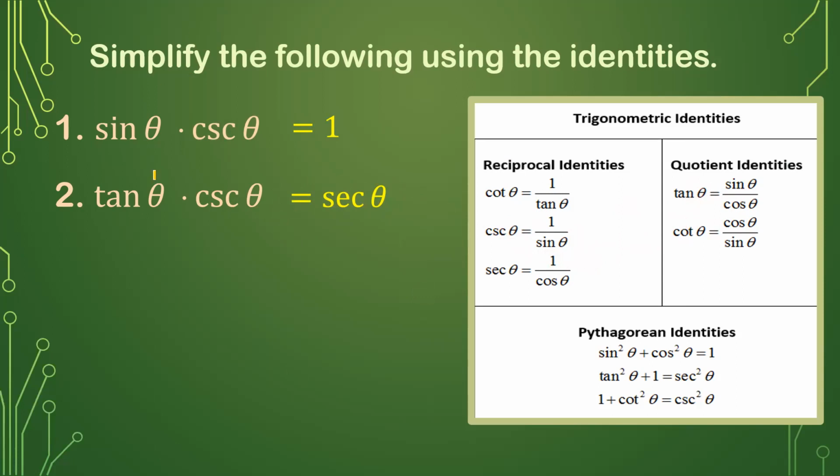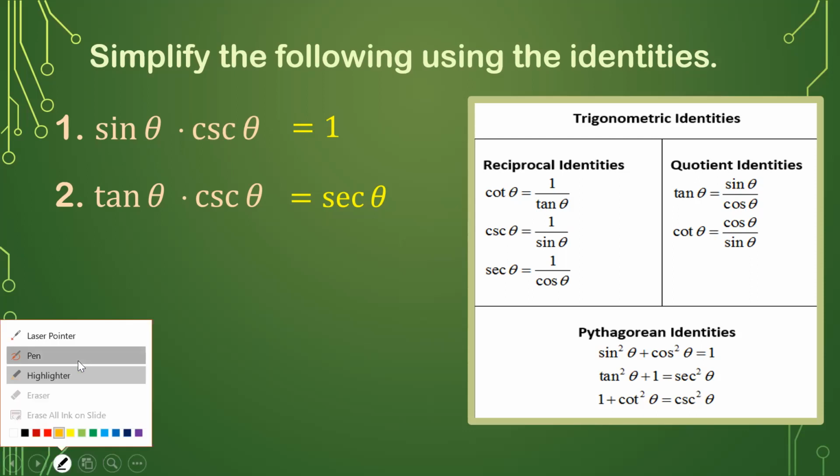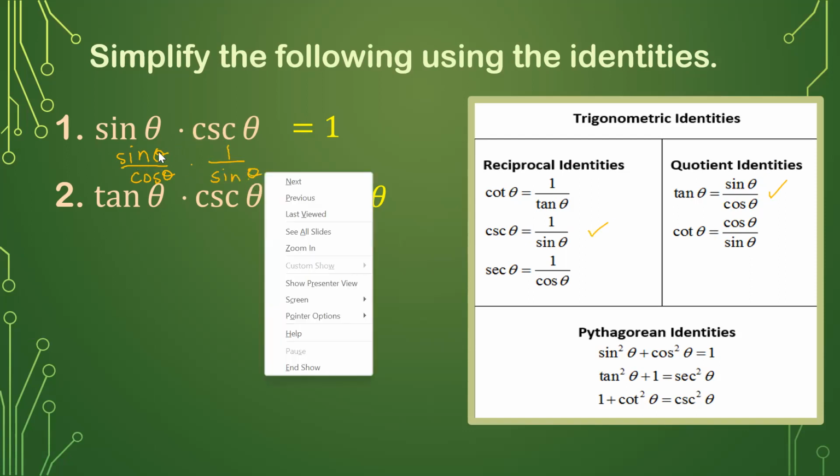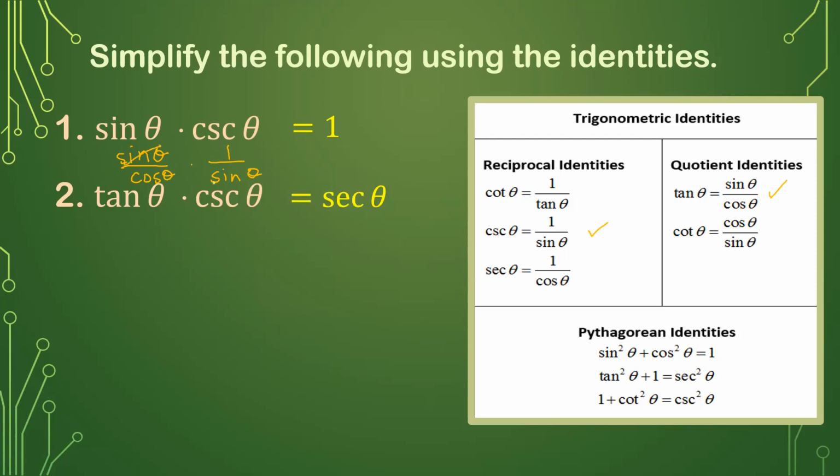Again, yung tangent theta can be expressed as sine over cosine using this identity. Tapos, yung cosecant theta natin is 1 over sine theta. This is similar to the one we derived using the TRIGO Piato. So, the sine theta will cancel out. 1 over cosine theta is this. So, that will just be equal to secant theta.